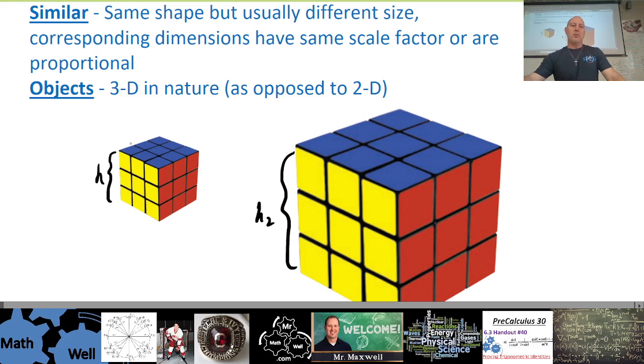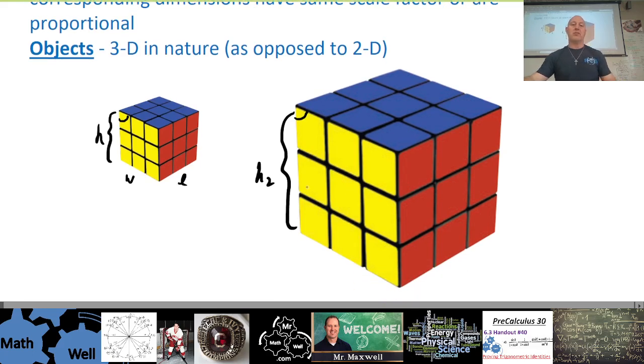So they're the same shape, which means the shapes have the same angles. The corresponding angles are identical. The corresponding sides are always proportional in the same way. And this is kind of obvious. We've done this already, but I'm just highlighting. So if you have height, and if you have width, and if you have length on two 3D objects like this Rubik's Cube you see here, well then the height and the height have the same ratio. Okay, so if you did h2 over h, you would get some ratio.